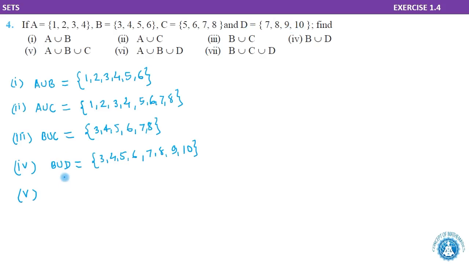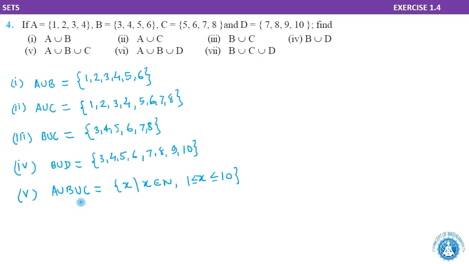We can write it as the set of all x such that x belongs to natural numbers and x is less than or equal to 10.